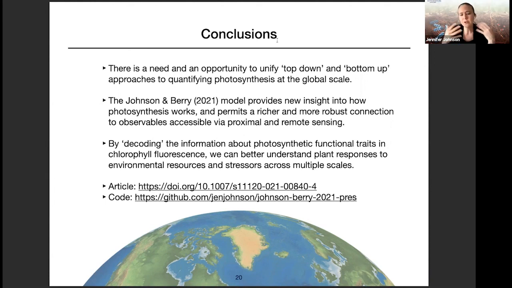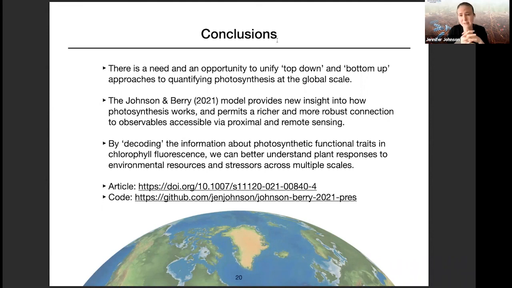The functional diversity of photosynthesis in the ocean is much greater than it is on land, and we would absolutely need to adjust the structure of the model to accommodate that. A particular example is accommodating aquatic CO2 concentrating mechanisms.